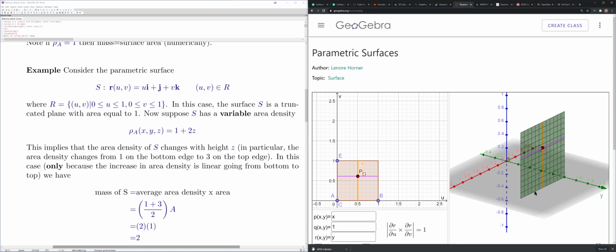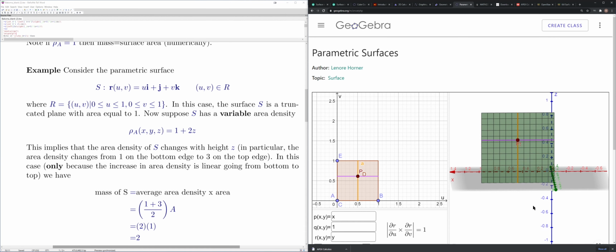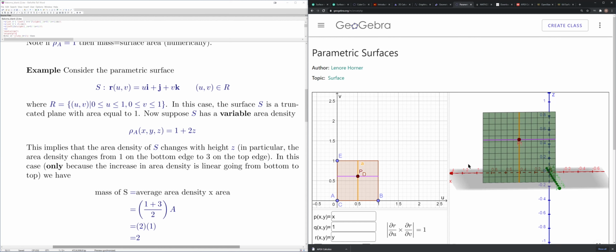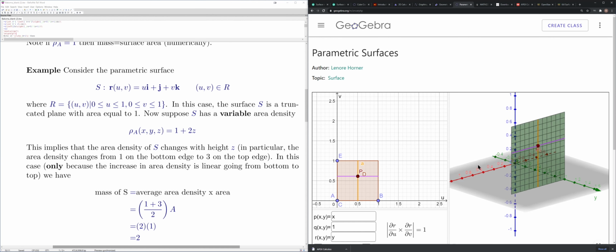Down here on the bottom edge, z is equal to 0, so the area density is 1 plus 0, which is 1. On the top edge, where z is equal to 1, the area density is 3. So this has variable area density.